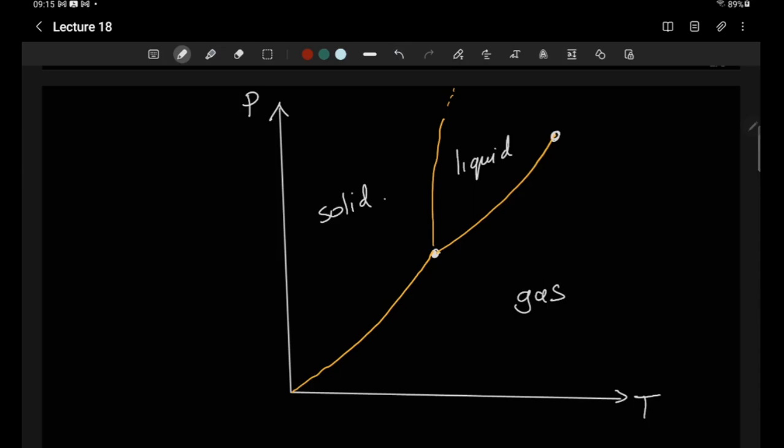First, there are some special values here of pressure and temperature. Let's look at the liquid gas line. This yellow line here is the liquid gas coexistence curve, and this is a line of first order phase transitions.